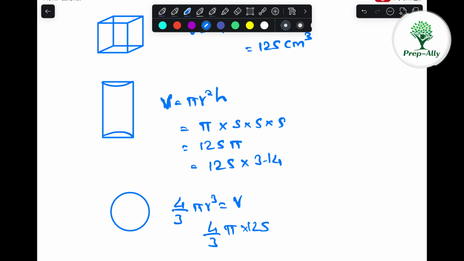So which value is greater? First of all, the volume of the sphere is going to be greater of all, right? And the volume of the cylinder is going to be lesser than the sphere but greater than the cube, because the cube is going to have the very least volume.